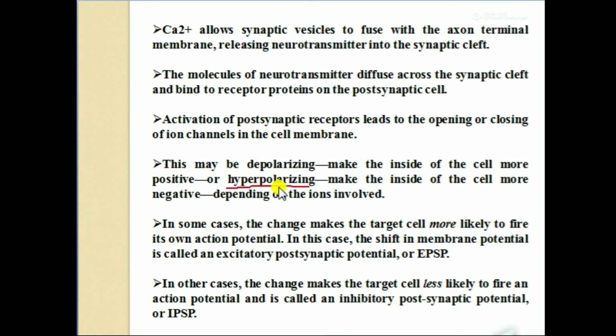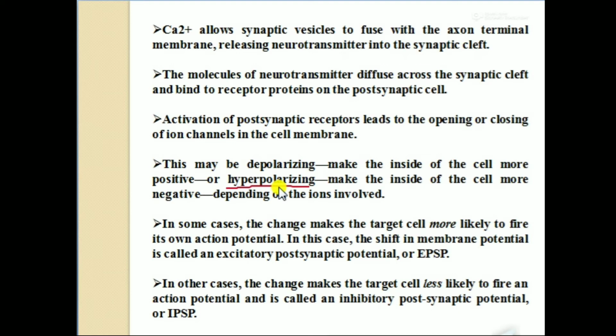That means minus 80 is more negative than minus 70. That is what causes hyperpolarization, and depending on the ions involved, depolarization and hyperpolarization will occur in the cell membrane.